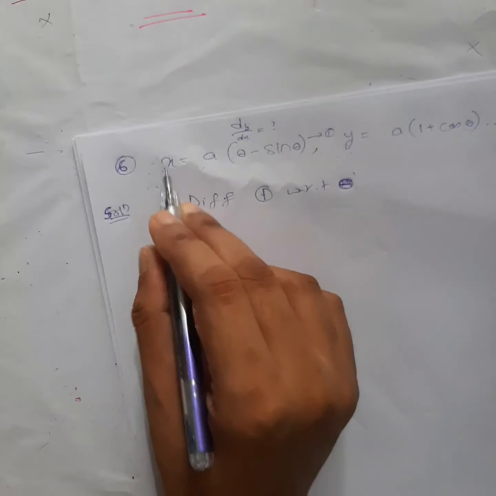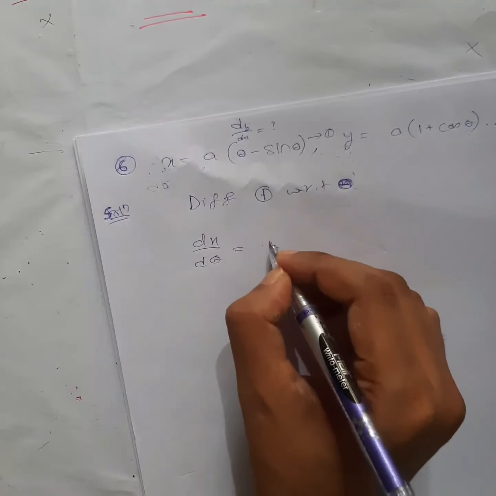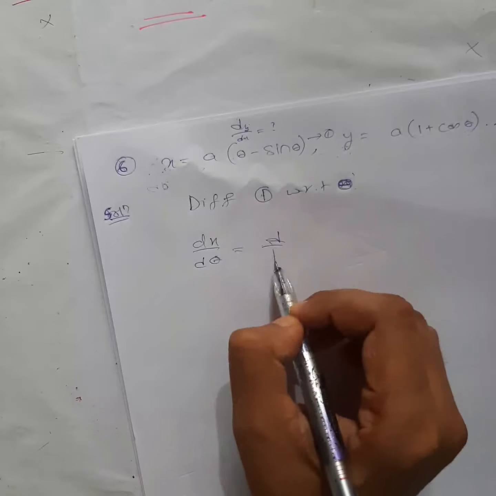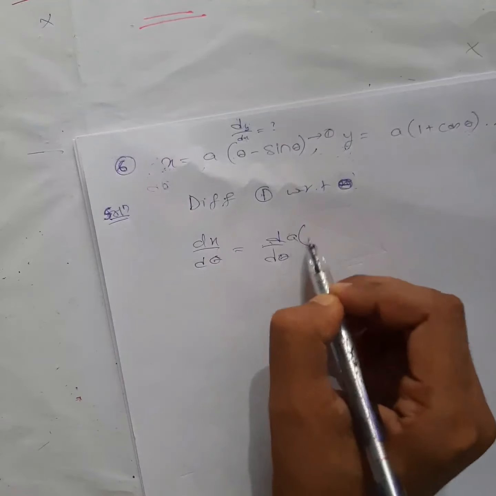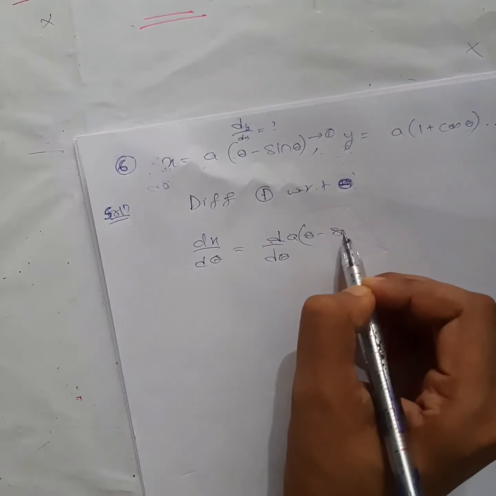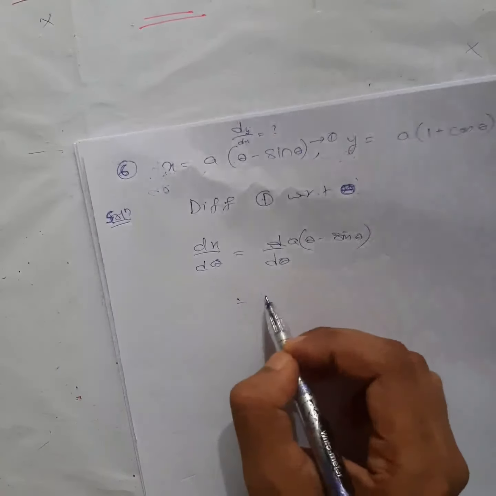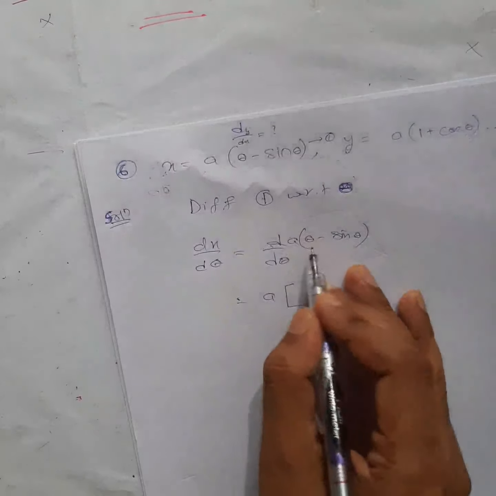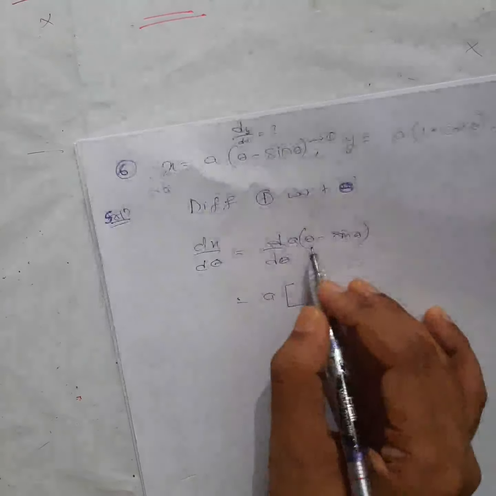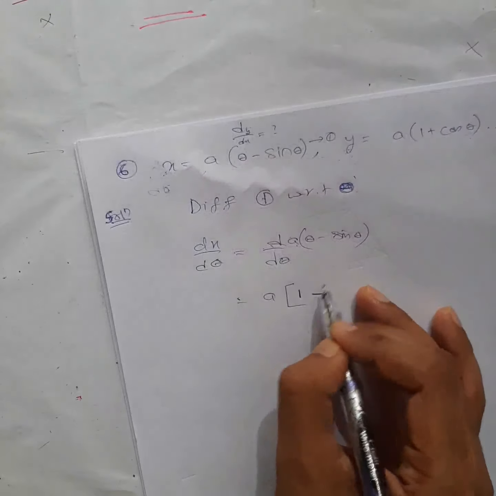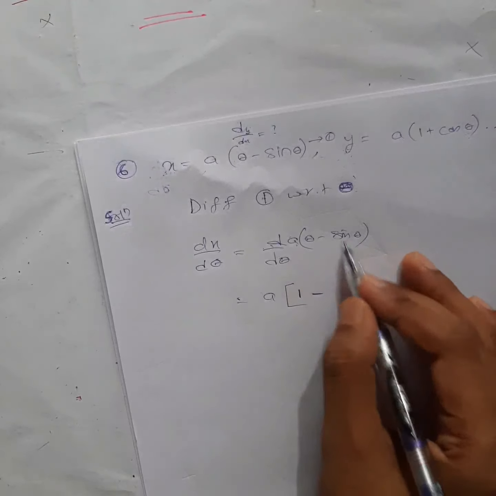With respect to theta we are going to differentiate this one, right? So this will be d by d theta of a times theta minus sine theta. Now a is a constant, so you can take it outside. Now differentiate this portion. d theta by d theta is 1, minus d theta of sine theta is cos theta.